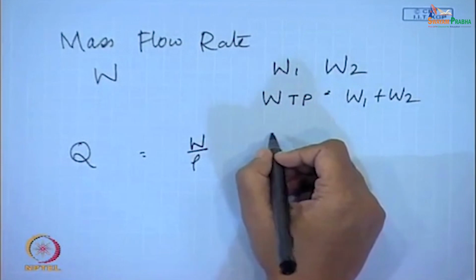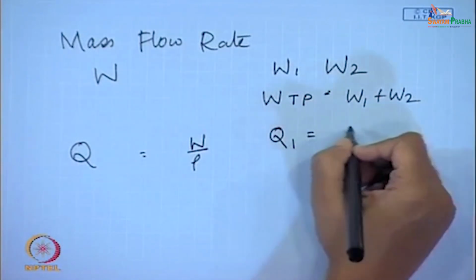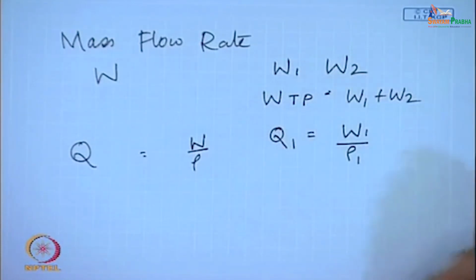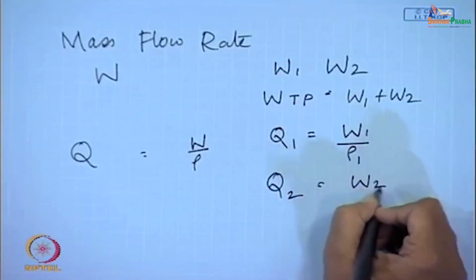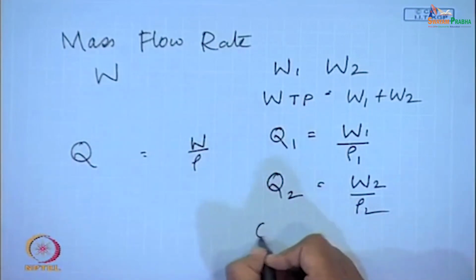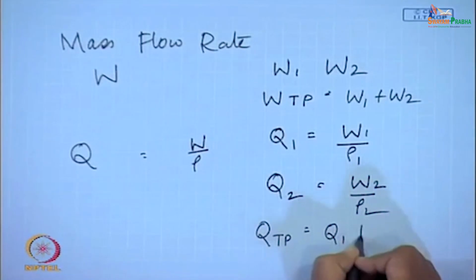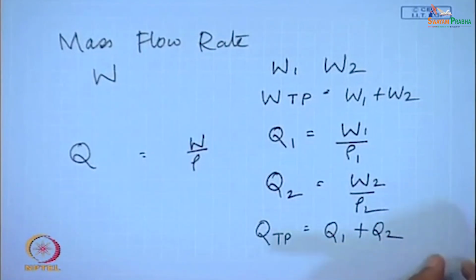For two phase situations, what do we have? We are going to have a Q1, which is nothing but W1 by rho 1. We are going to have a Q2, nothing but W2 by rho 2, and we would also have a Q two-phase, which is nothing but Q1 plus Q2, isn't it?